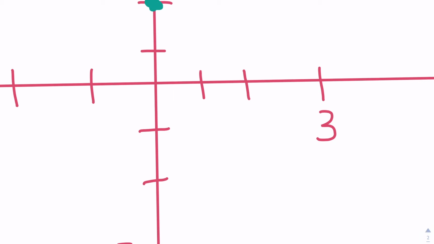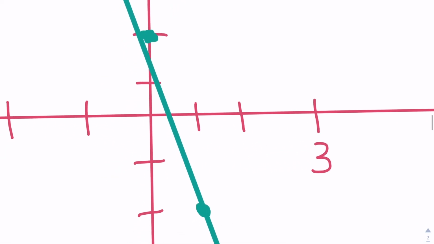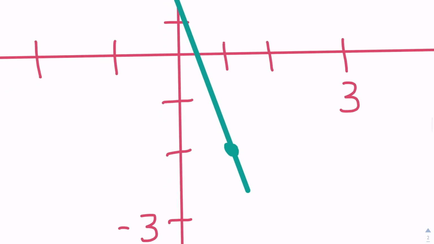I will first graph the equation y equals negative 4x plus 2. So I will put a point on the y-axis at 2, and then I will go down 4 and to the right 1 and plot a point. And then do that again, and then connect the points with a line.